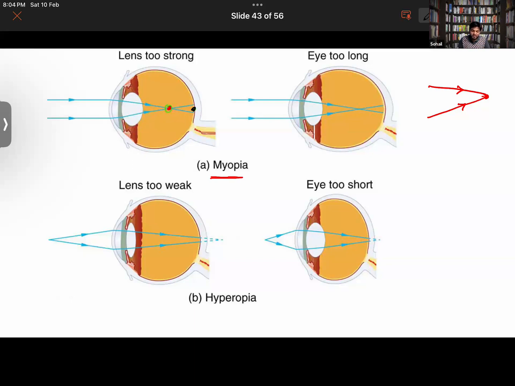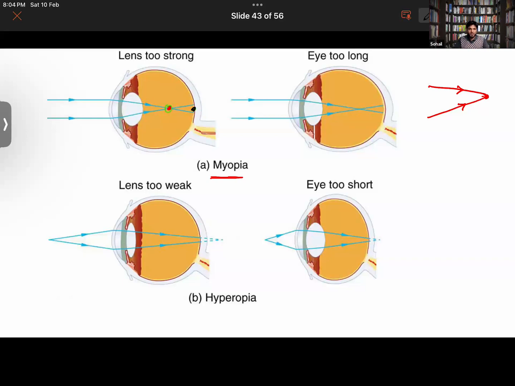So myopia can happen either if the converging power of the lens increases, or if the eyeball is elongated. Getting it, guys? So it can happen due to two reasons: either due to high converging power of the eye lens, or due to the elongation of the eyeball.